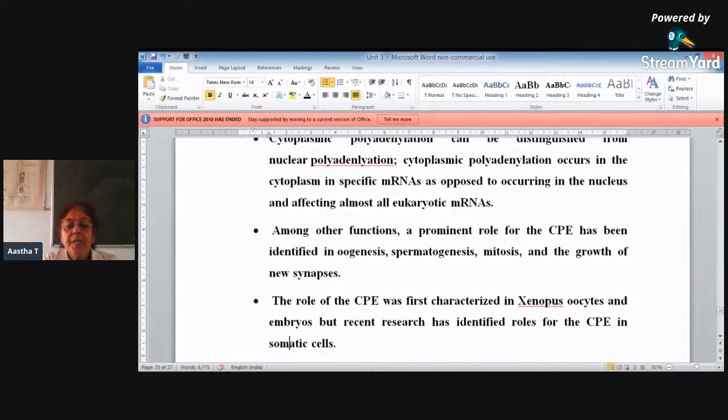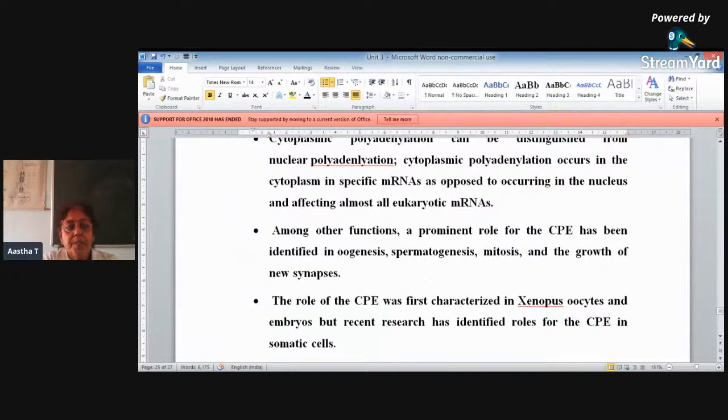The role of CPE was first characterized in Xenopus oocytes and embryos. पण सगळ्या सोमॅटिक सेल्समध्ये मात्र त्याचा रोल अजूनपर्यंत माहिती पडलेला नाहीये. It is believed to be increasing the efficiency of the translation process. That is the only role studied to date.